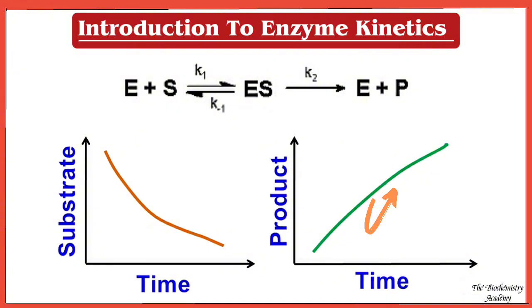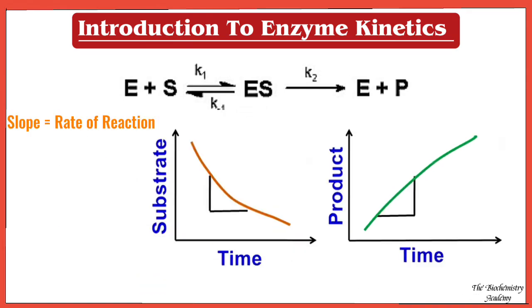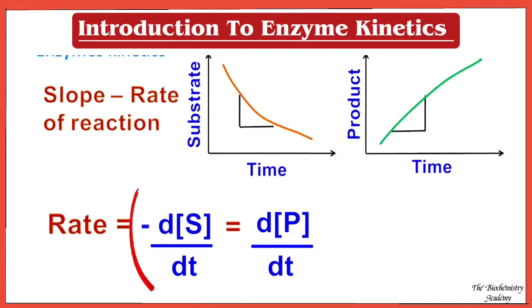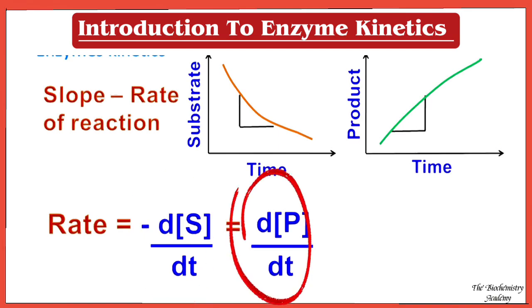It is easier to understand this by plotting a graph. If we take the slope of the graph, we have the rate of the reaction. The rate of the reaction will be the change in the substrate over time and the change in the product over time.